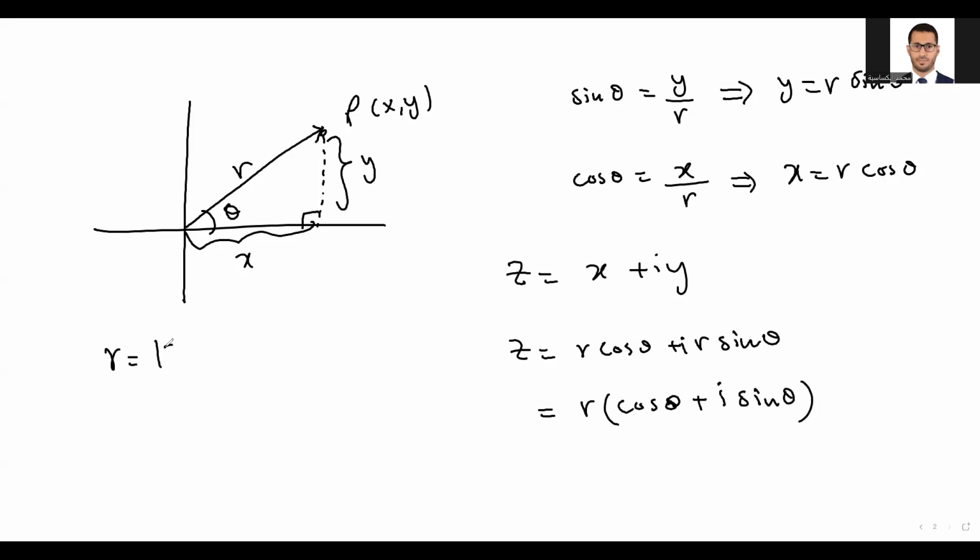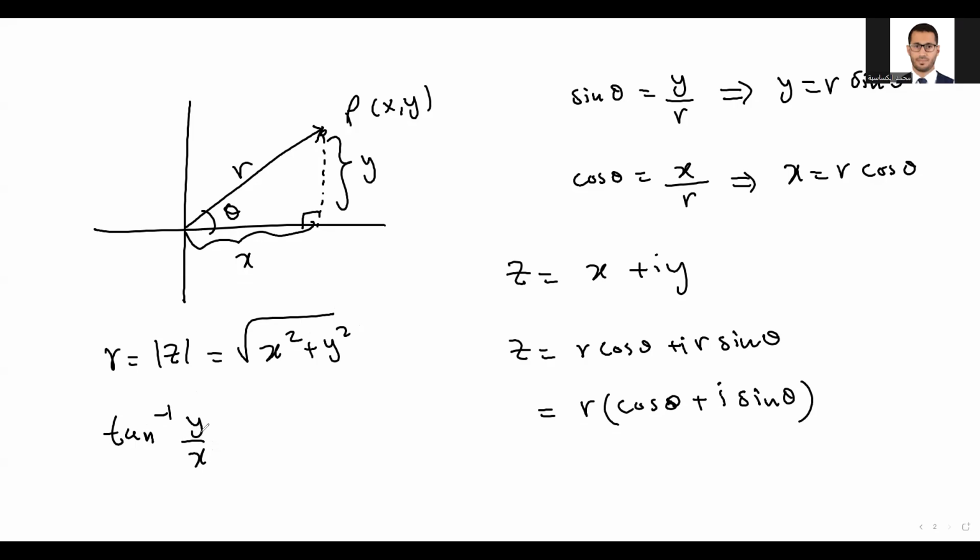r equals the modulus of z, the distance, which in this right triangle is the square root of x squared plus y squared, and theta equals arctan of y over x.